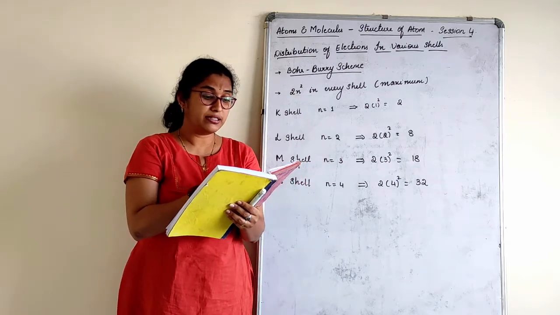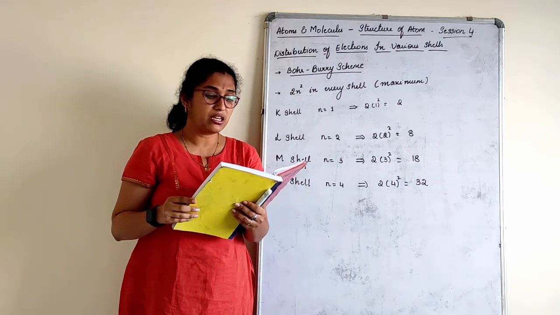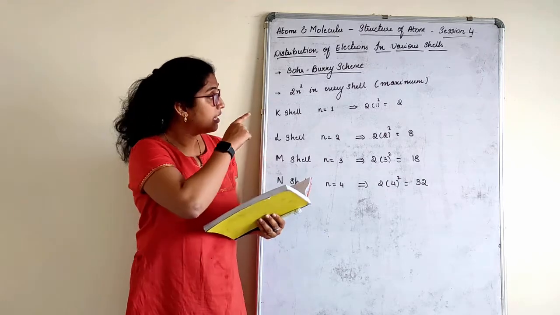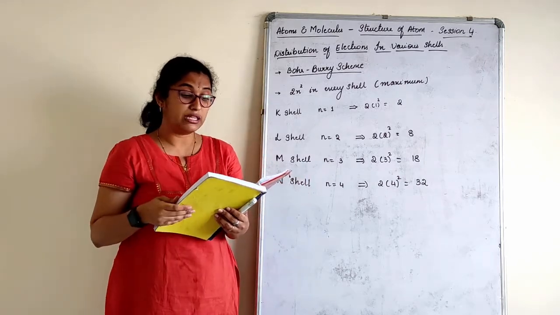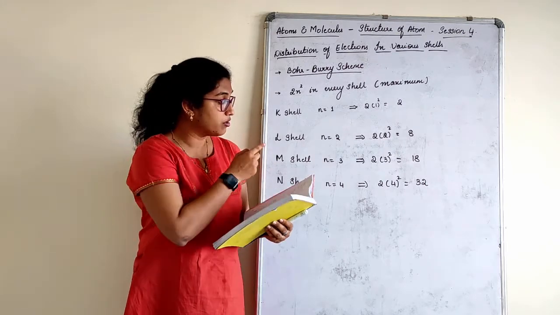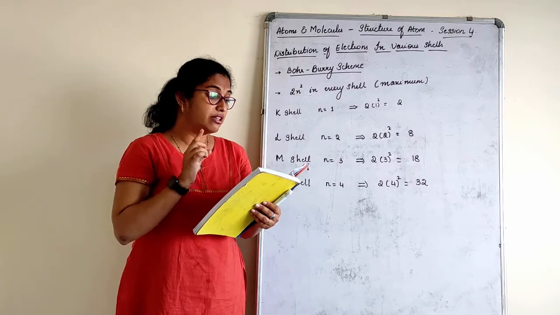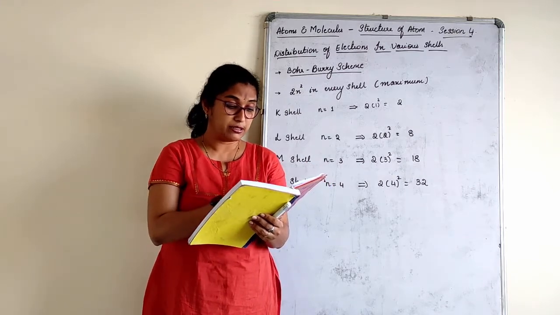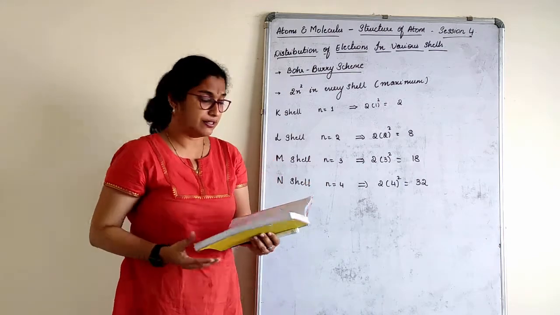Same thing you can write as I have written here. The second point is the outermost shell can't hold more than 8 electrons, while the second last shell can't have more than 18 electrons, even though they may have the capacity to hold more. I'll explain this. Examples are given here.